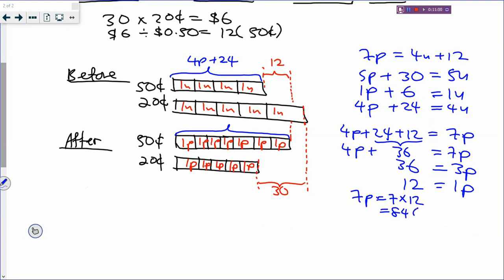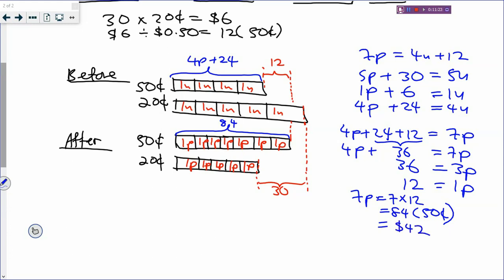So how much is 84 50-cent coins? So you take 84 times 50 cents, and you will get $42. Alright, so let me just write down over here. So there are 84 50-cent coins, and 84 50-cent coins will be $42, and we put down.